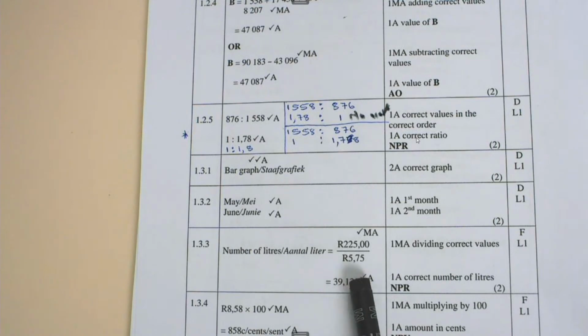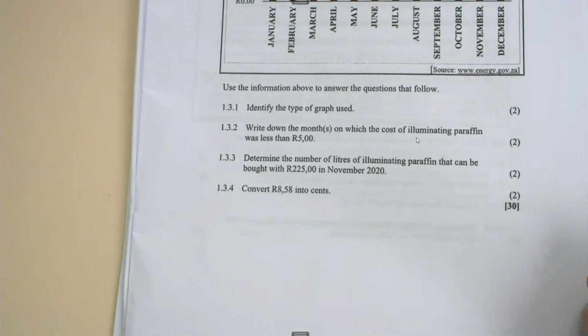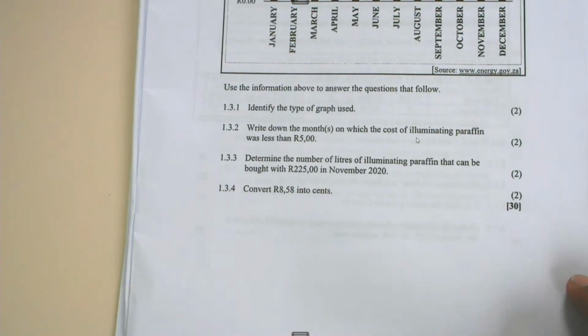There's no CA, colleagues, I repeat again, there's no CA there. Please, no penalty for rounding. Right, the last question for question 1.